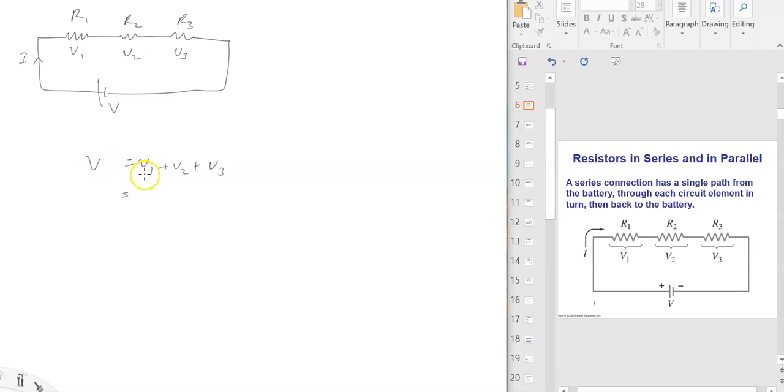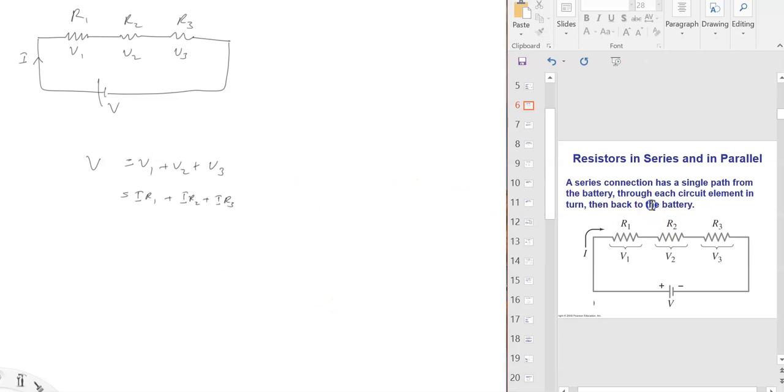Each of these voltages is the current through it multiplied by the resistance, right? The current times the resistance 1, plus the current times the resistance 2, plus the current times the resistance 3. So that's what the next slide shows.